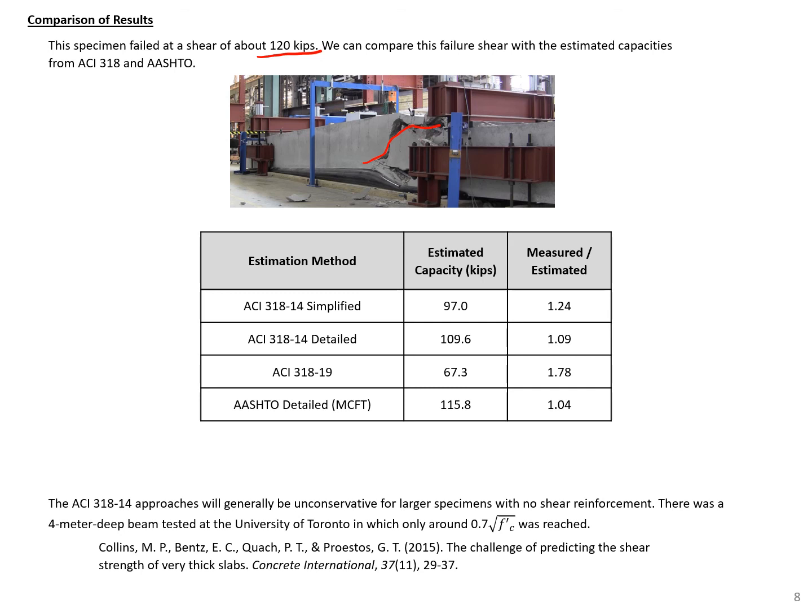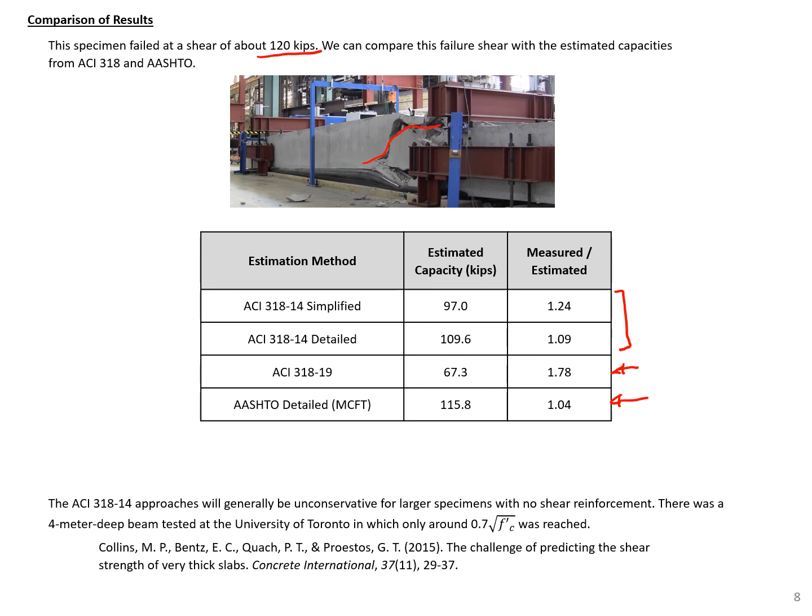So you can see the AASHTO detail procedure gave us our closest estimated strength, and ACI 318.19 gave us our most conservative strength estimate. You can see the simplified procedure from ACI 318.14 and the detailed procedure from ACI 318.14. Both were conservative in this case and were somewhat accurate in estimating the strength.